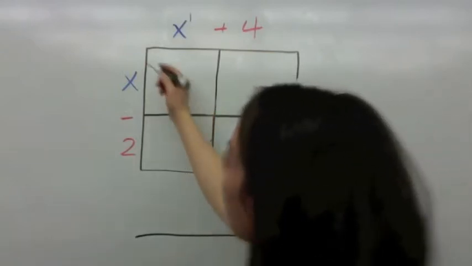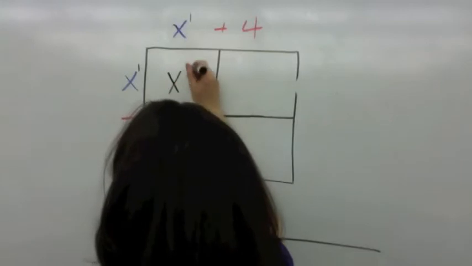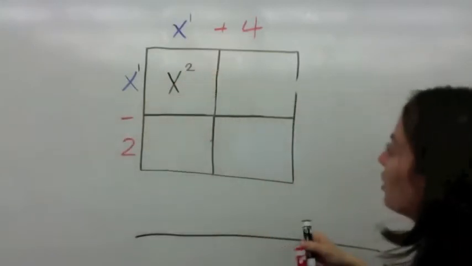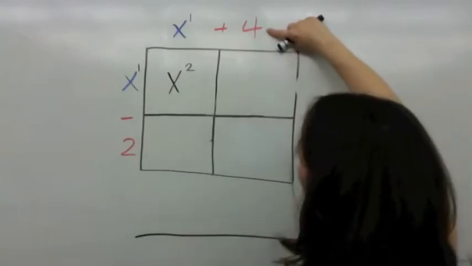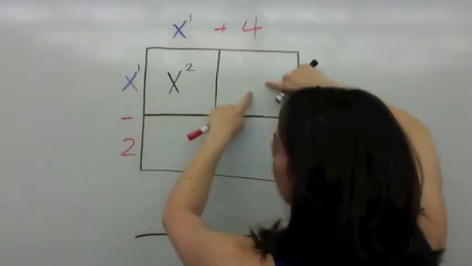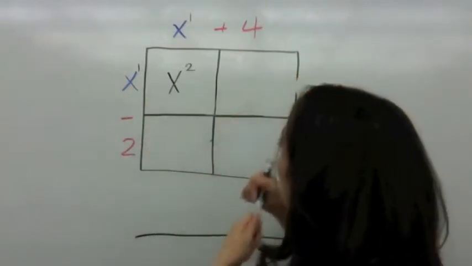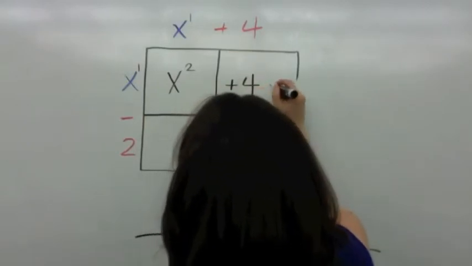X to the power of 1 times x to the power of 1 is x to the power of 2. Then we do the square on the right. This is a 4 times x, the top. 4 times x, put it together.